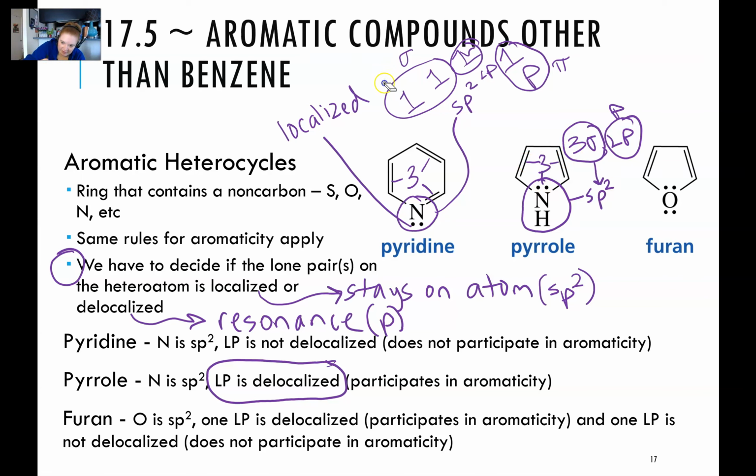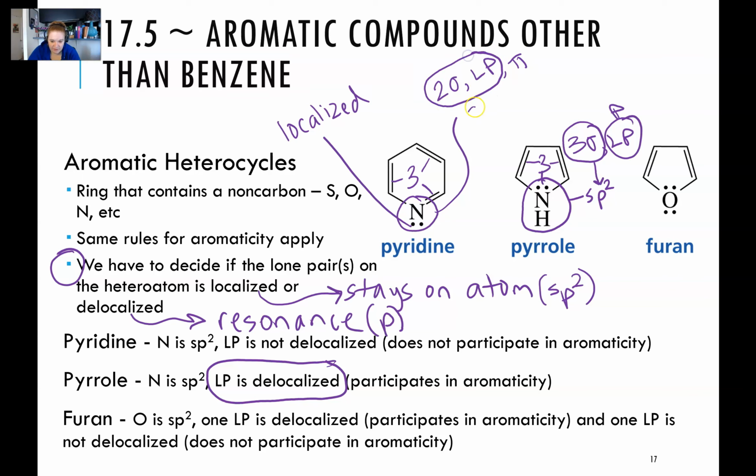I'm going to erase my mess up here and kind of summarize that one a little better. For our pyridine, we have 2 sigma bonds, a lone pair, and a pi bond. The 2 sigma bonds and the lone pair are in sp2 orbitals. The pi bond is in a p.